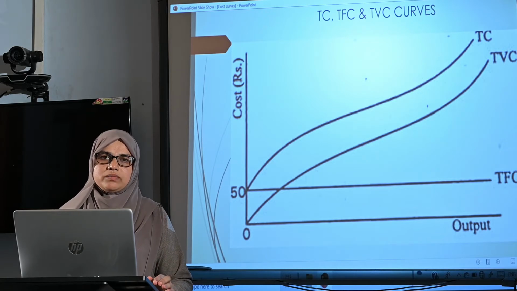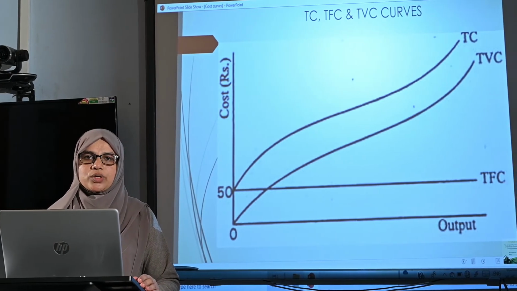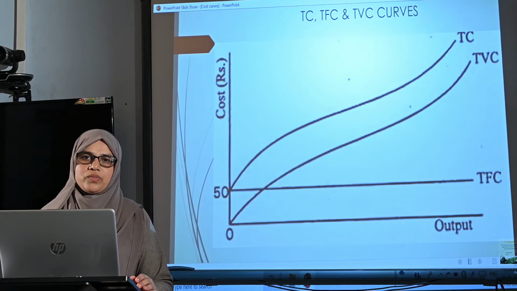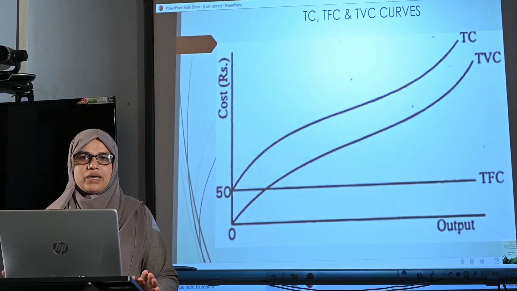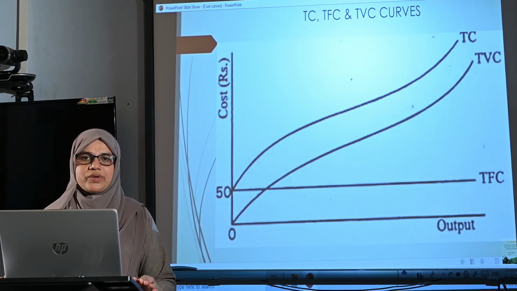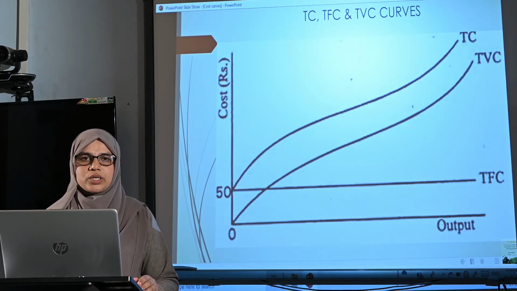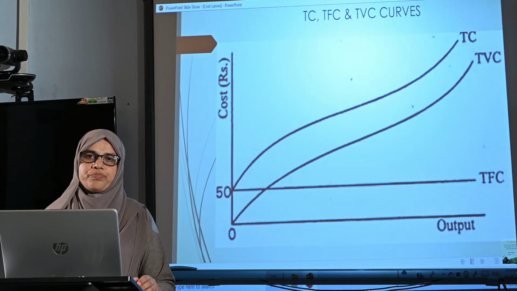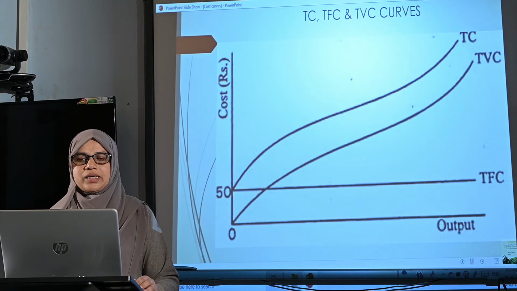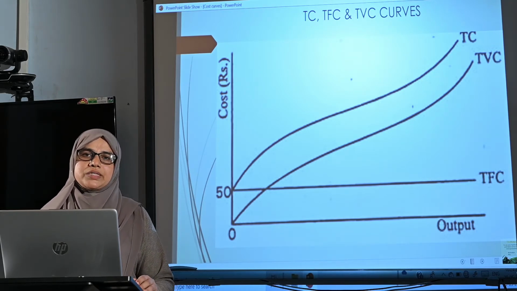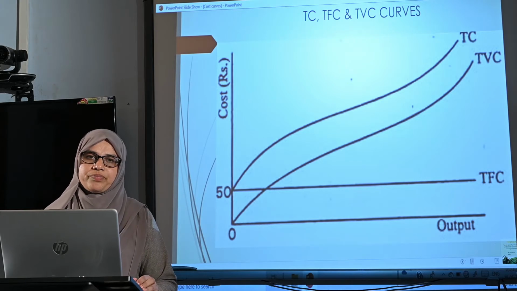Here in the diagram, TFC is a horizontal straight line. It shows at whatever level of output, total fixed cost remains fixed. And TVC starting from origin shows that when output is 0, TVC is also 0. And with the increase in output, TVC also increases.